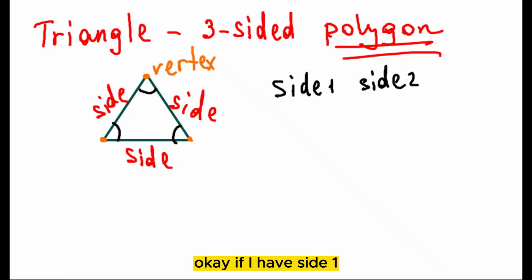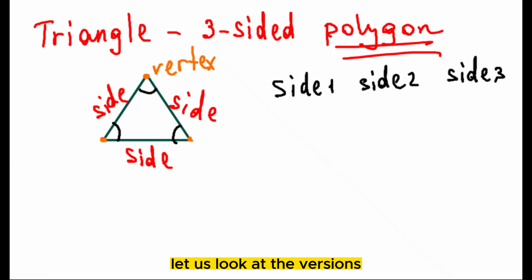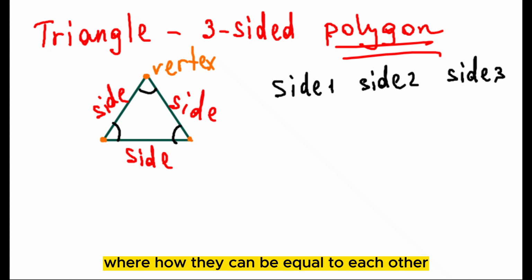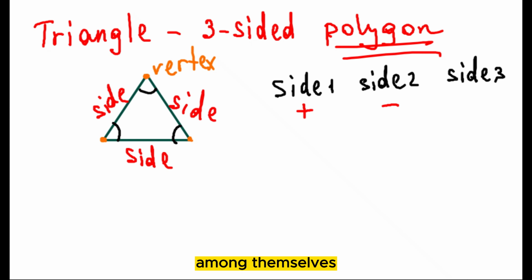Okay, if I have side 1, side 2, and side 3, like we have three sides, let us look at the versions where they can be equal to each other among themselves. So, side 1 and side 2 can be same but not side 3.